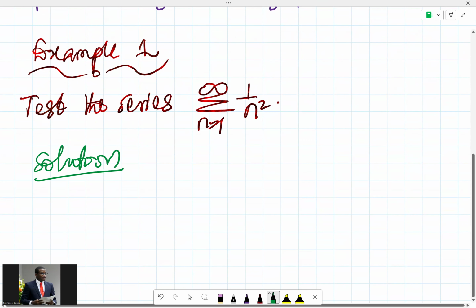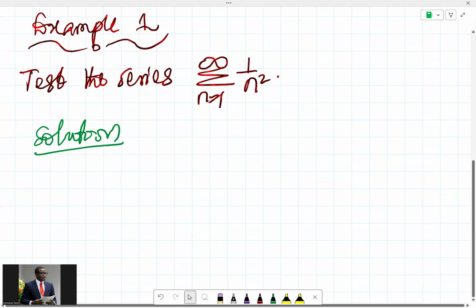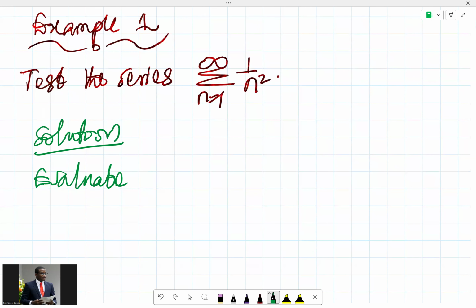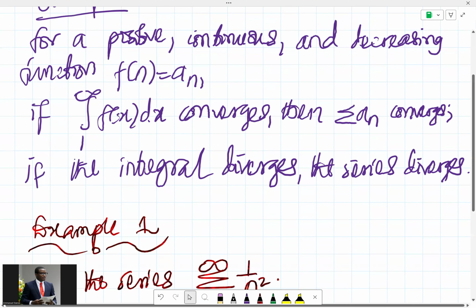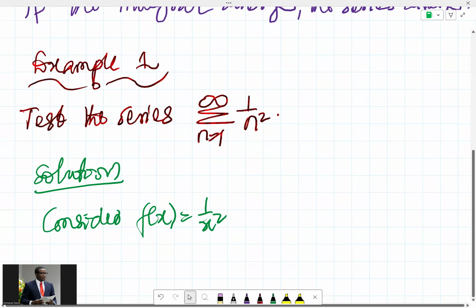We want to do that with the integral test. The first thing we want to do is consider f of x equals 1 over x squared because, from the rule, f of n is a_n, then we check f of x.